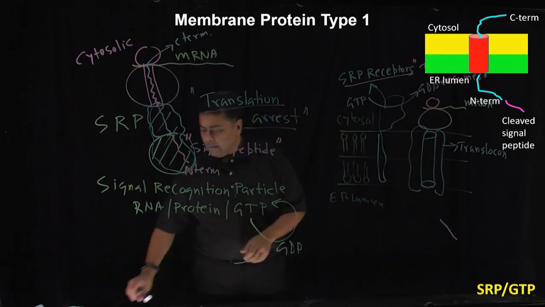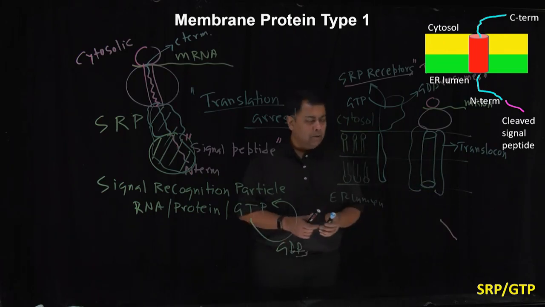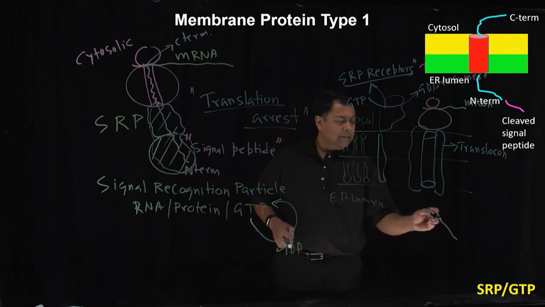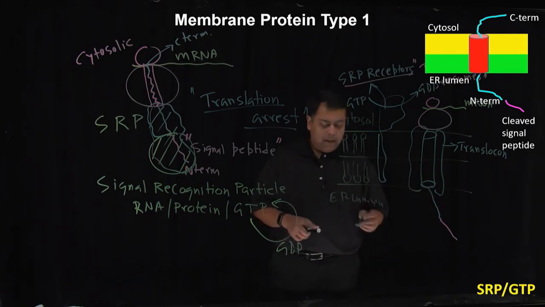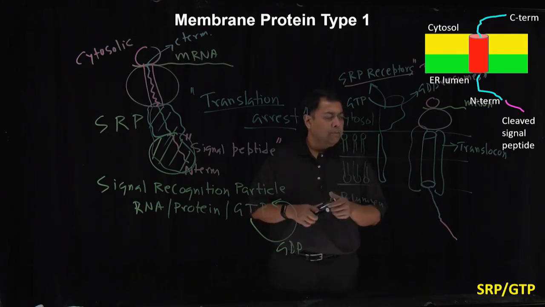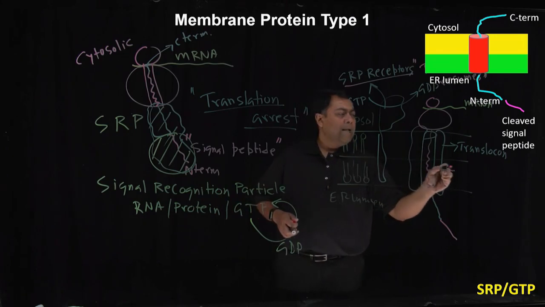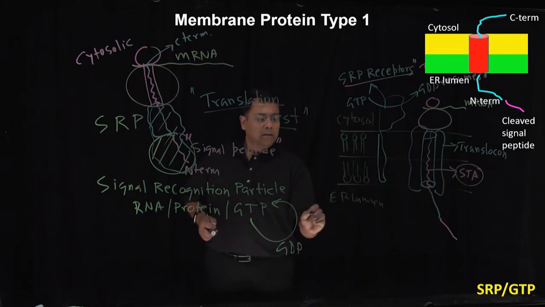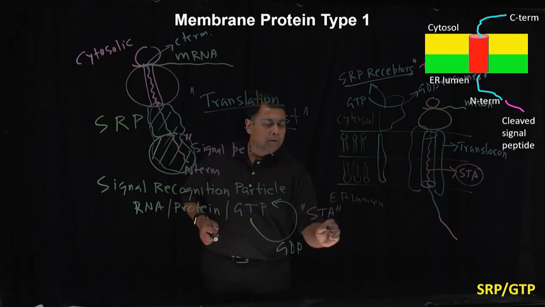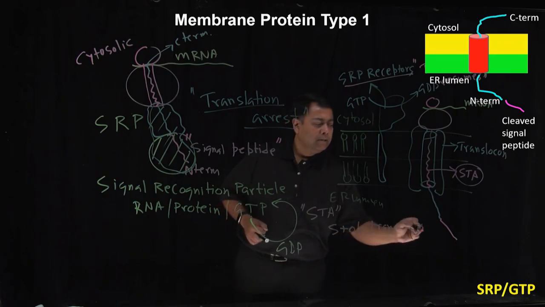First, the signal peptide is going to be inserted through here, and it will go into the lumen. This is followed by the N-terminal sequence, and we're going to see that again, and that will be followed by what we call an STA signal, the stop transfer anchor signal.